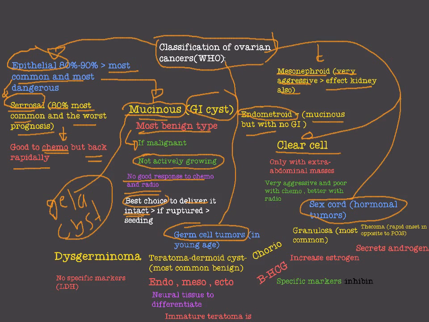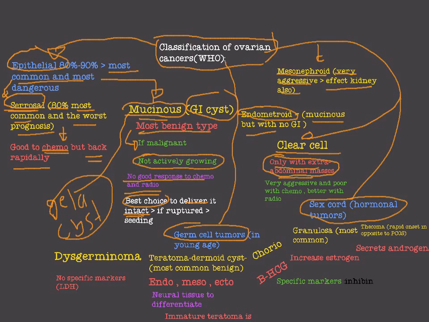Clear cell carcinoma is very, very aggressive, and it is the only one with extra-abdominal masses. But remember always that serous type is still the most aggressive one. Clear cell is also aggressive, the only type of ovarian cancer with extra-abdominal masses.